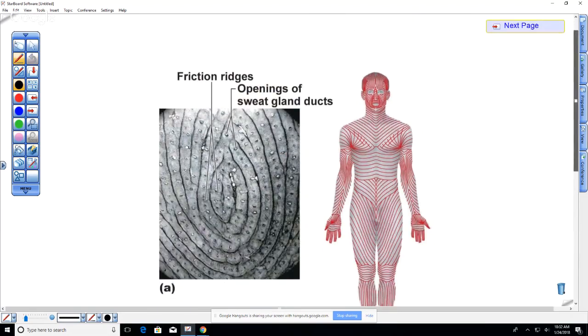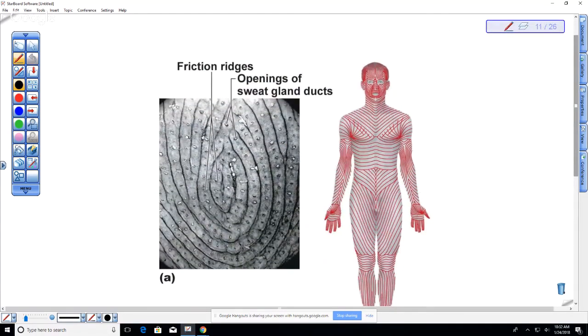Okay, the other interesting thing about our skin is that it has ridges. If you think about the papillary layer of the dermis, in some parts of our body it produces these ridges. On the fingertips, the ridges are thought to increase our ability to hold on to stuff, specifically when we sweat.